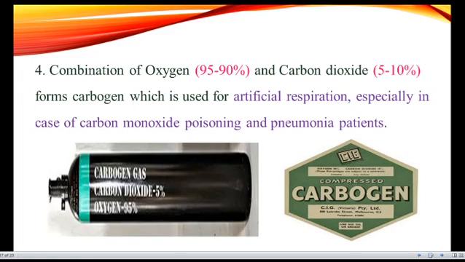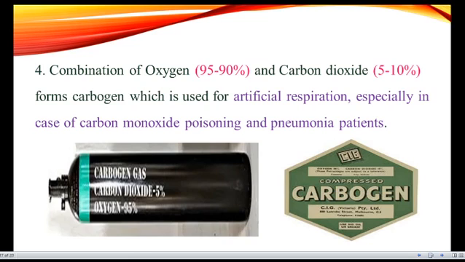It contains 95 to 90% of oxygen and 5 to 10% of carbon dioxide. Pneumonia patients can't breathe naturally, therefore they need to be supplied oxygen artificially. For that, the carbogen mixture is used.